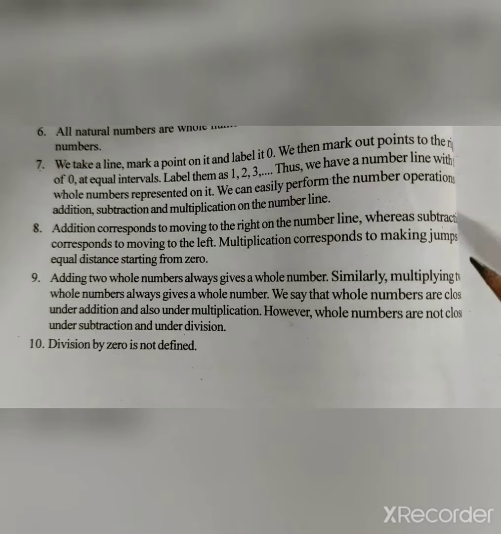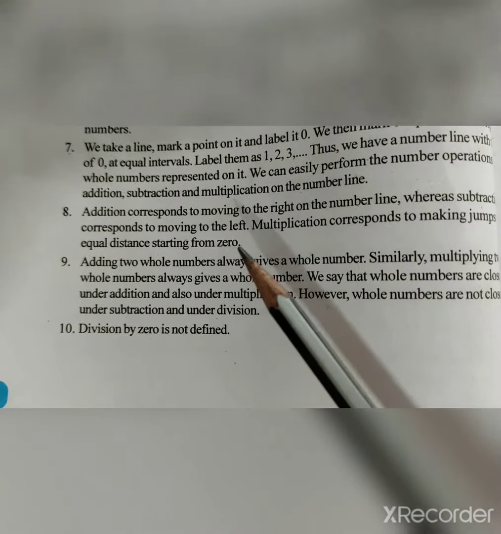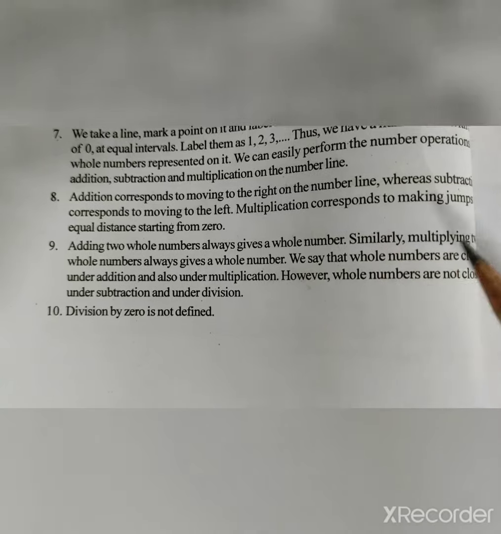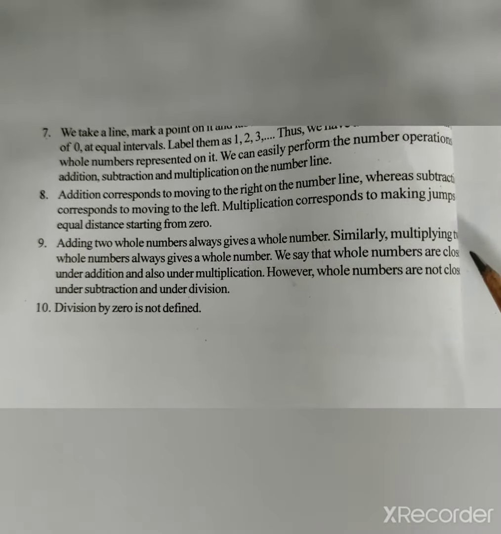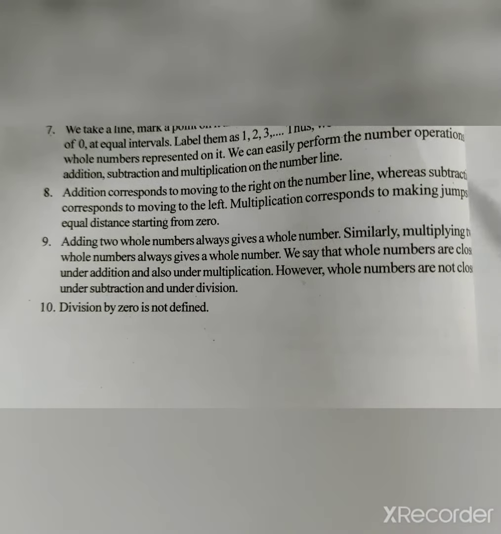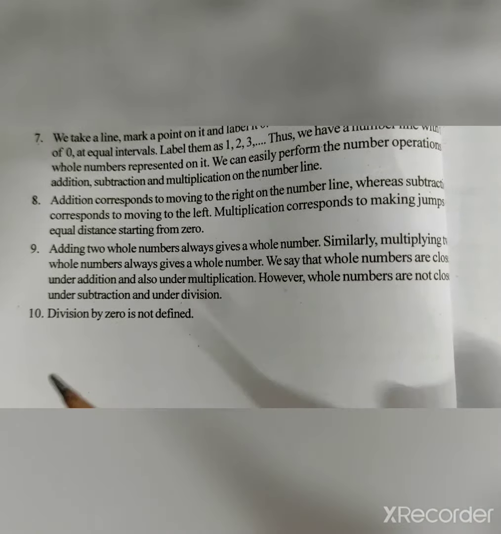Multiplication corresponds to making jumps of equal distance starting from 0. Adding two whole numbers always gives a whole number. Similarly, multiplication also, we say that the whole numbers are closed under addition and multiplication. Whole numbers are not closed under subtraction and under division. Division by 0 is not defined at all.